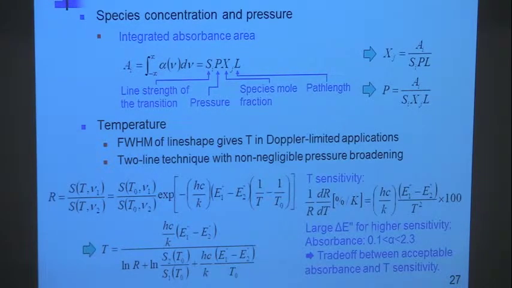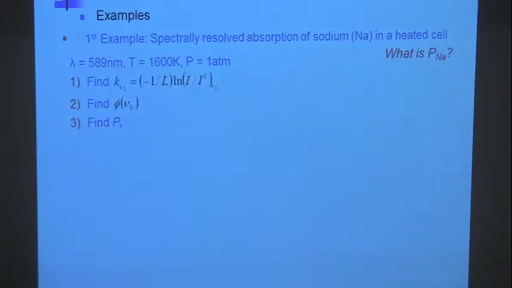The most accurate way to do this is to think about the derivative, the fractional change in R with T, percent per K. You can show that it depends upon delta E. So this tells us that the way to do this is to pick absorbing states separated as much in energy as possible for a given species. We've done this to measure temperatures to better than 1%. But you have to understand this relationship to pick the lines.